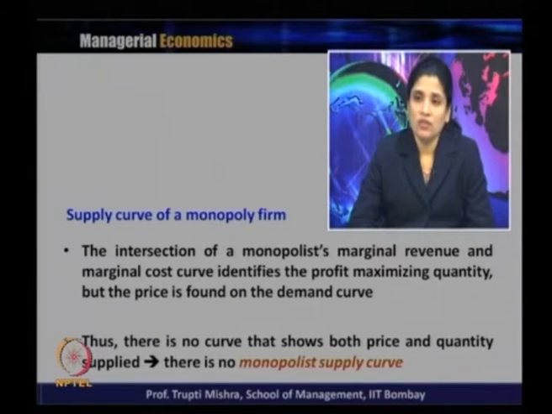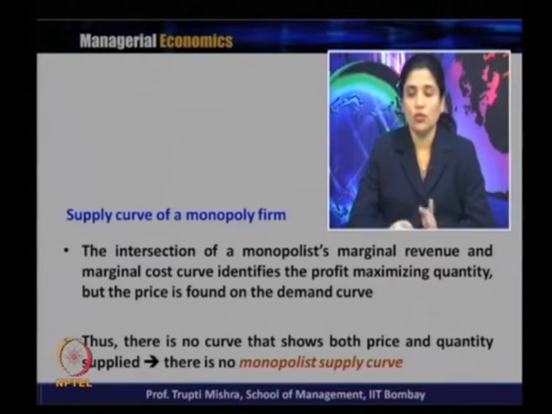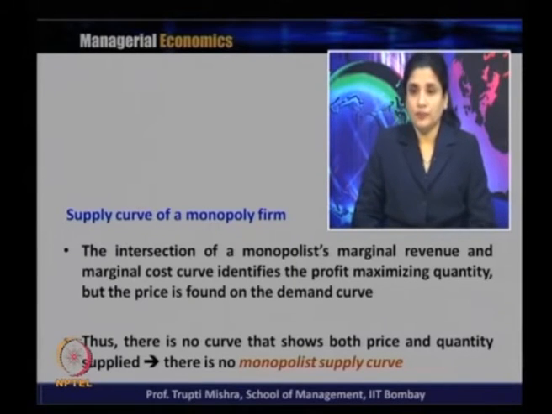If you remember our MC-MR rule, once we follow it, we get the profit maximizing output and price, and the price is found on the demand curve. Thus there is no curve that shows both price and quantity supplied, and there is no monopolist supply curve.